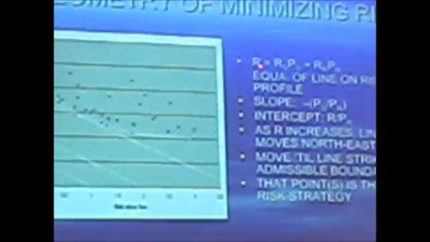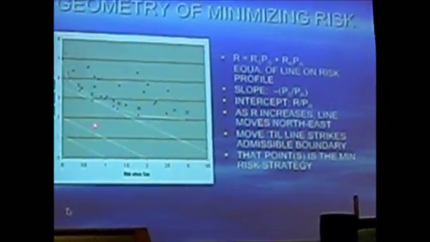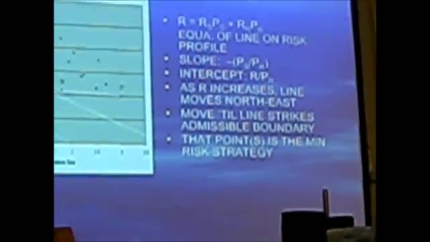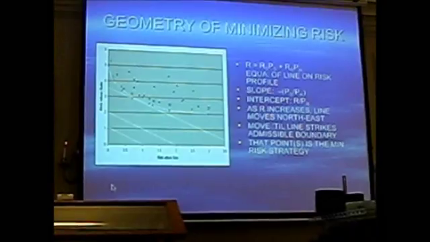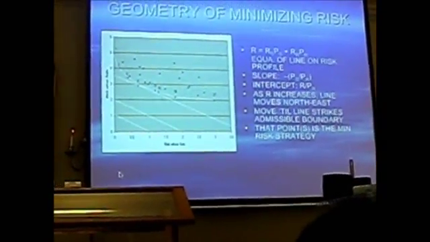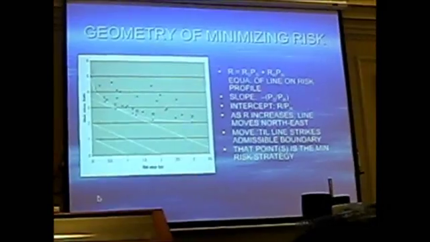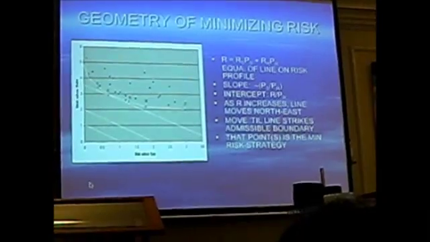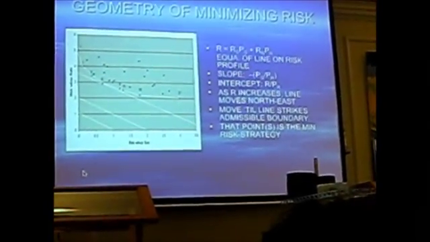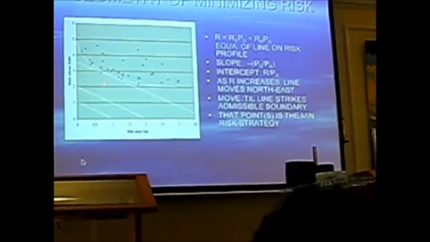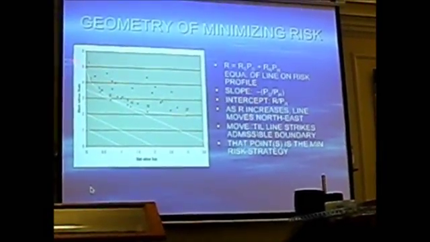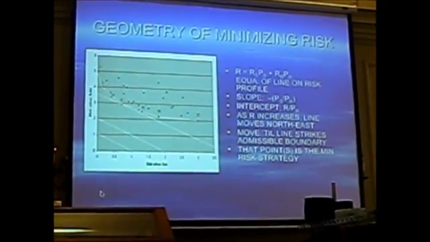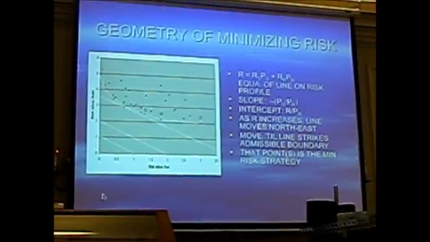And the risk, R, increases as that line goes up in this fashion, in a parallel fashion. And so just using geometry, I can solve this problem right now by putting a ruler down on my little graph and moving it up parallel until I bump into these admissible strategies. Whichever one I bump into first is the best selection.